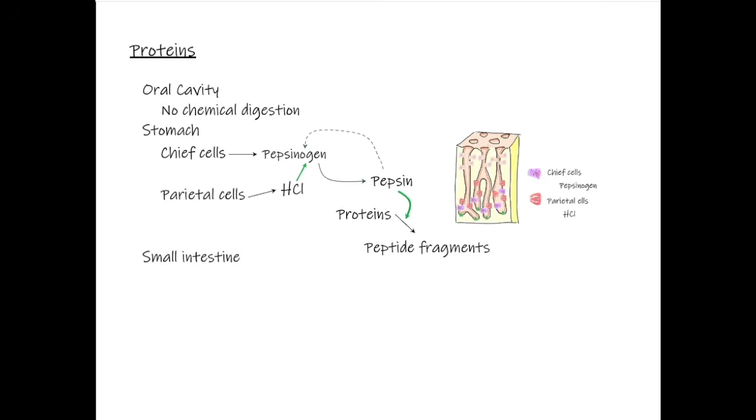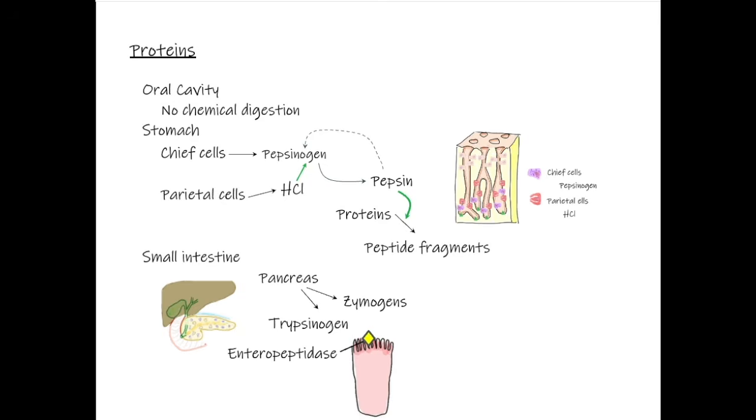In the small intestine, we see important contributions from the pancreas. The pancreas releases a series of zymogens. Zymogens are inactive enzyme precursors. One important zymogen is trypsinogen. On the brush border of the small intestine, we have an enzyme called enteropeptidase, previously known as enterokinase.